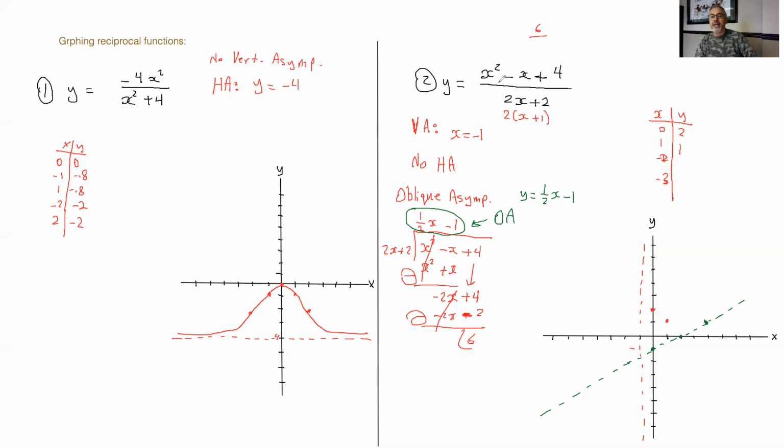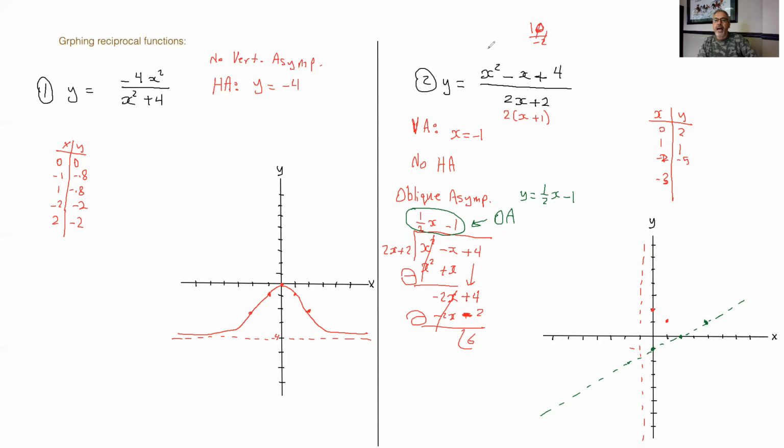So I'm going to plug in -2. That's 4, plus 2 is 6, plus 4 is 10. And if I put a -2 there, that's -4, plus 2 is -2. 10 divided by -2 is -5. So I'm going to get -5 right here. And also put a -3.